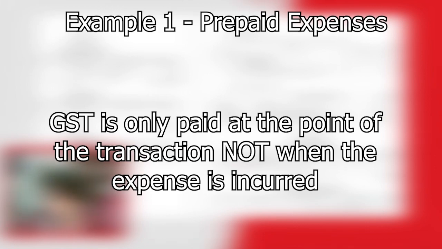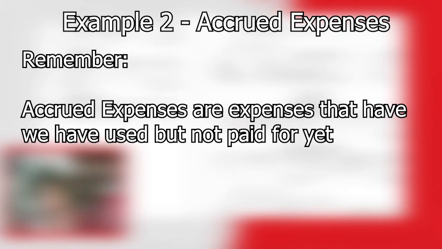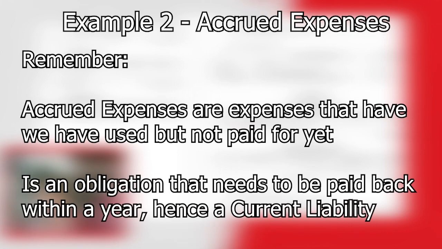Next, we have accrued expenses. So the accrued expenses are different, as these are expenses we have used that we now need to pay back. That paying back is an obligation.